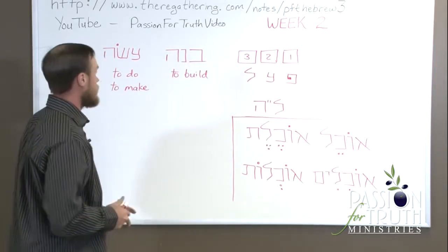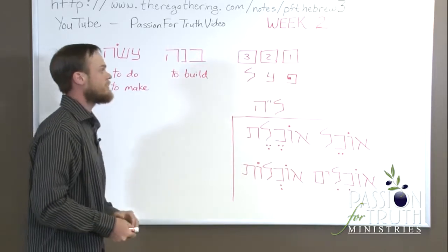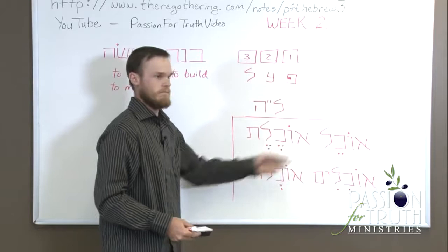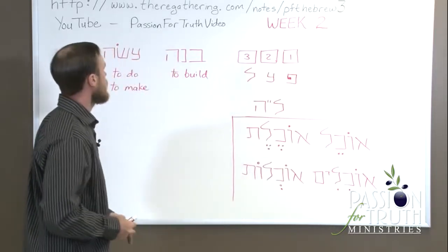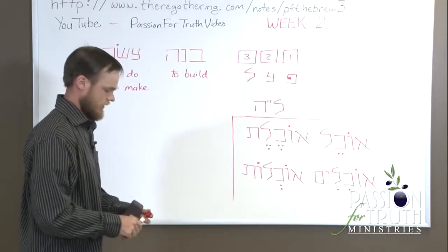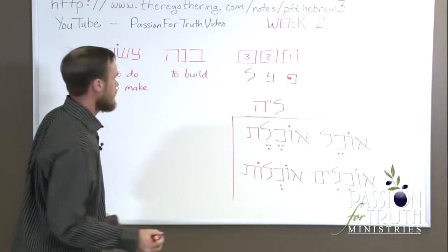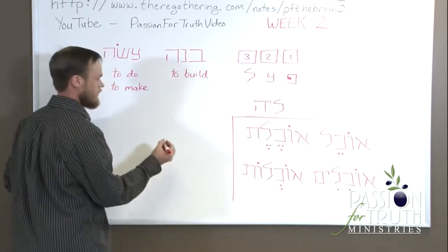Now, the pattern for lamed he is actually significantly different than these two. I've got the pattern there, but we will go ahead and conjugate to build with the active participle.